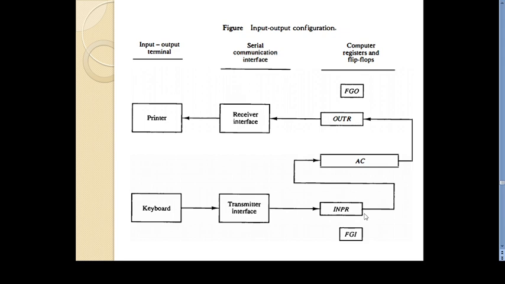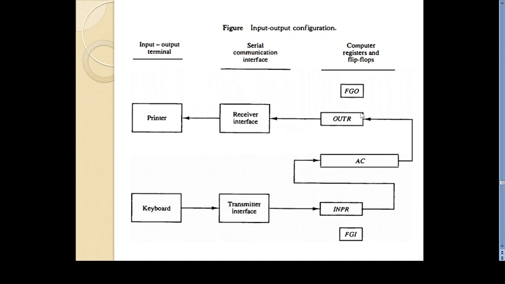And when the input from INPR is given to the accumulator or computer, then it will be cleared, meaning the information is accepted by the computer. So the flag is needed to synchronize the timing rate difference between the input device and the computer.